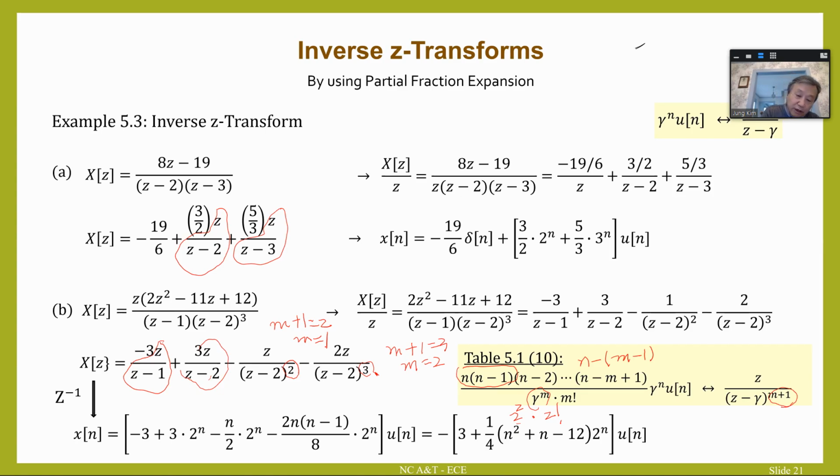So we only have 2 here because of 2 to the 1. And then 1 minus 1 is 0, so we only have n here, n and gamma to the n.